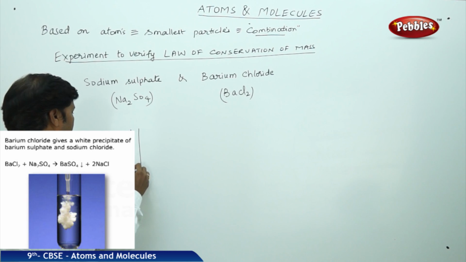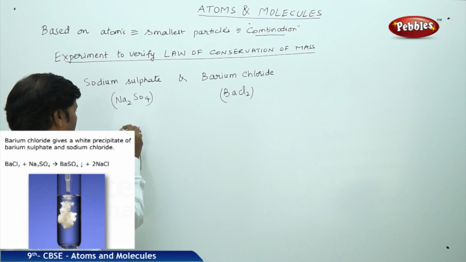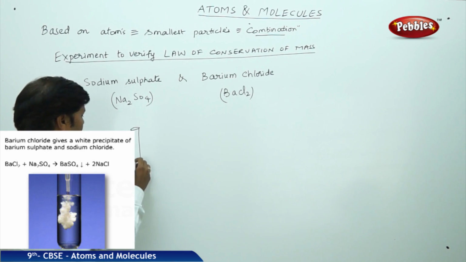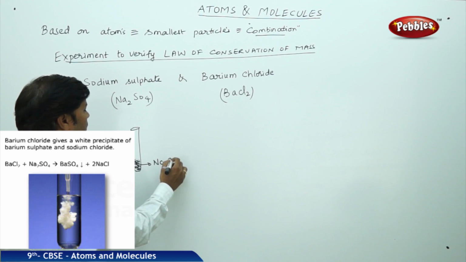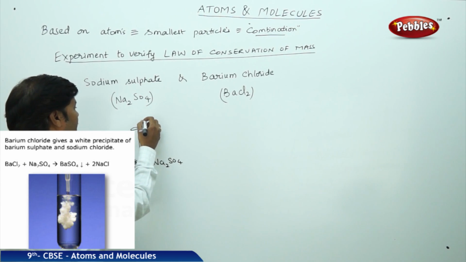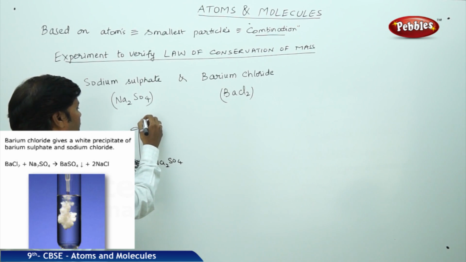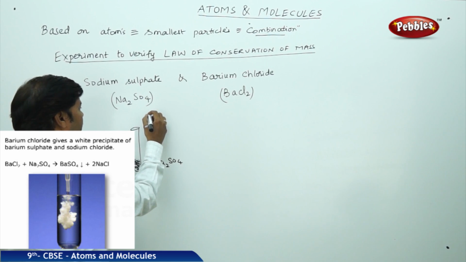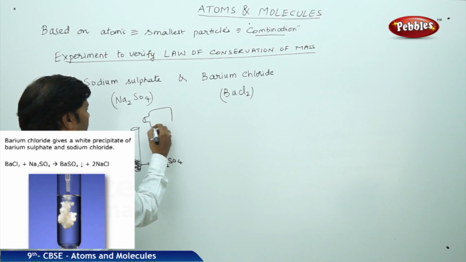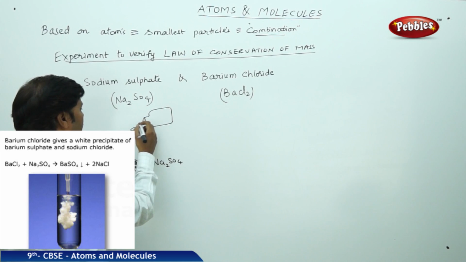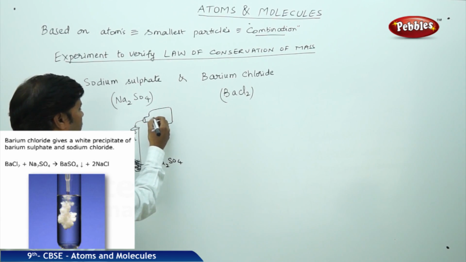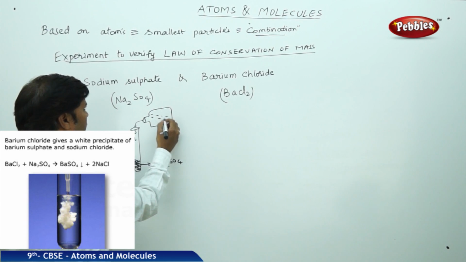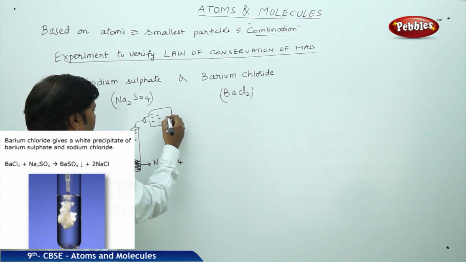In this test tube we are filling the sodium sulfate solid, and from here you try to decant. You have a small bottle of barium chloride.